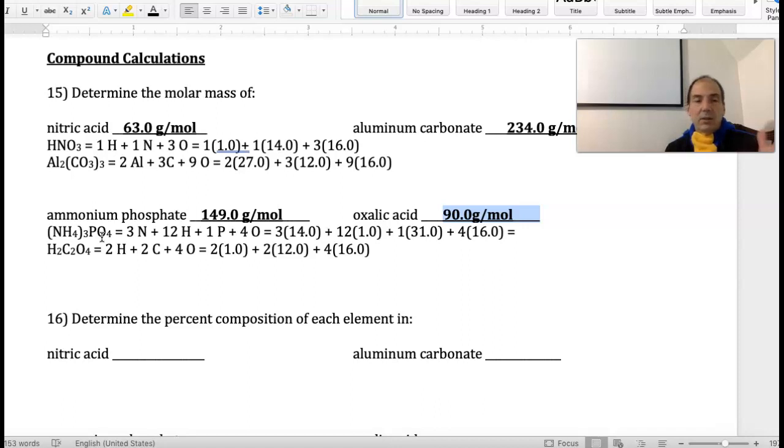So it's not saying that there's one hydrogen out of every 5 atoms in nitric acid. That would make some sense, but that's not the way it's measured. It's measured by mass. So some people call it actually percent by mass, or mass percent composition. Okay? I was always taught it's just percent composition, so you're stuck with me.